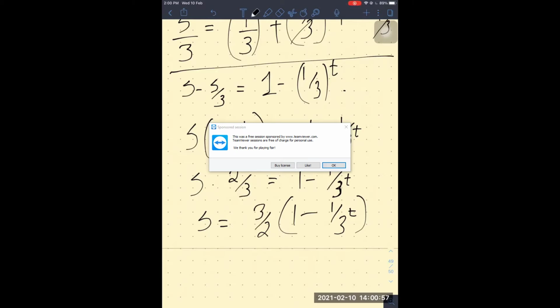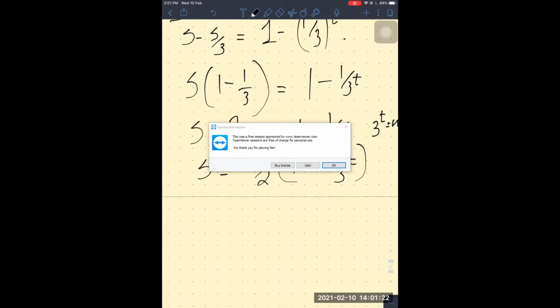So as we have previously assumed that T of n over t is equal to n, then this will be equal to 3 over 2, 1 minus 1 over 3 to the power t.